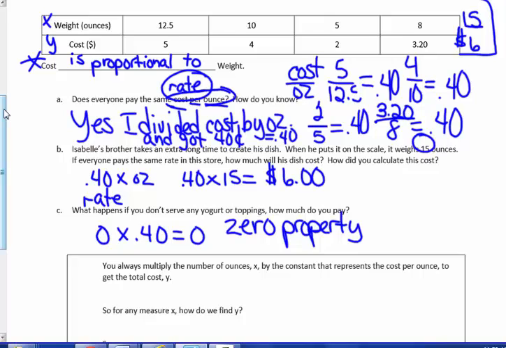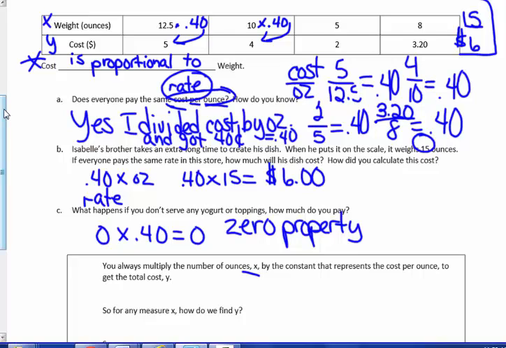If you always multiply the number of ounces X, and that's why I put the X up here, by the constant 40 cents, so if I take 12 and a half and I multiply it by 40 cents, it's going to give me $5. If I take my 10 ounces of yogurt and topping and I multiply it by 40 cents, it's going to give me $4.